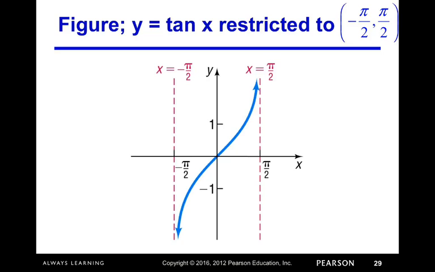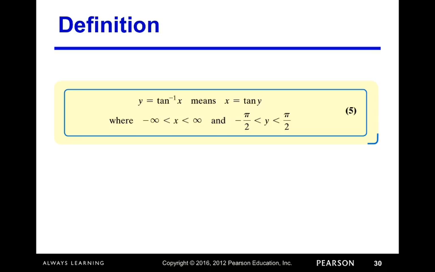Okay? Again, the same way to write this. If y is the angle that has a tangent of x, then x will be the tangent of y. The range was -infinity to infinity, so now the domain is -infinity to infinity, and our range will be from -pi/2 to pi/2.